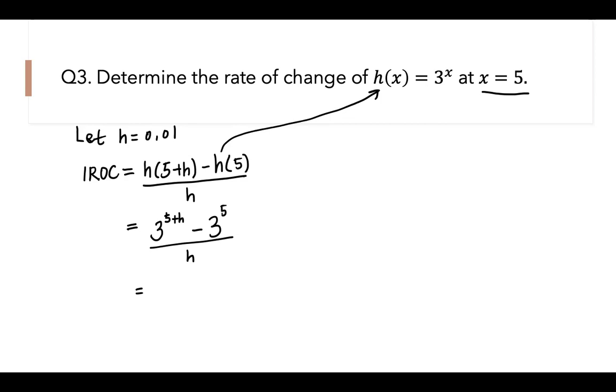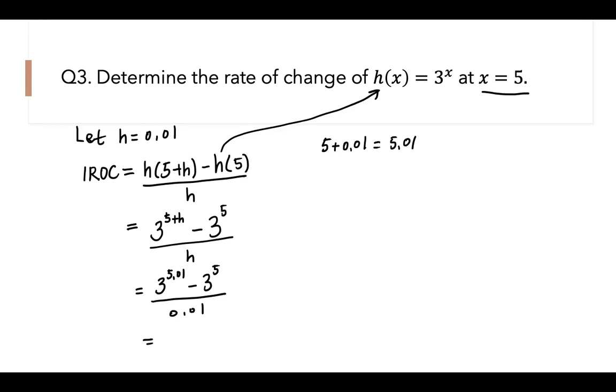It's going to be 0.01. So if I were to say 5 plus 0.01, it's going to be 5.01. So it's 3 to the 5.01 minus 3 to the 5 over 0.01.